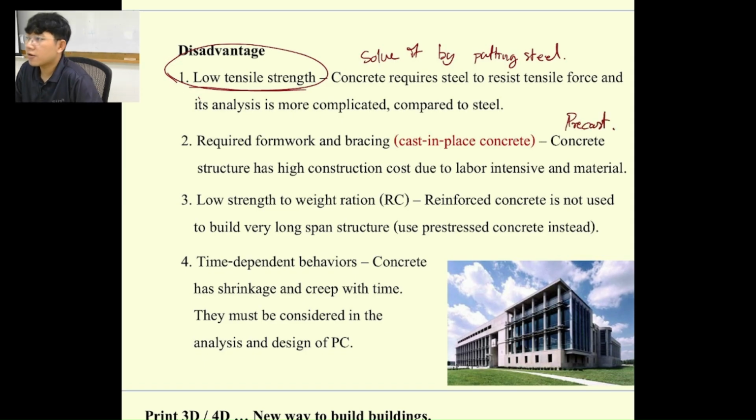For example, for the new dormitory of SUT, we also use precast walls. The third one is low strength to weight, which means the weight of the concrete is really high, but the capacity that we get from the concrete is low, so if we compare, it's going to be lower than timber and also lower than steel.